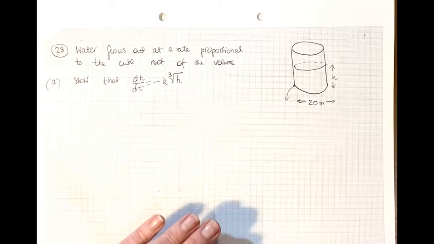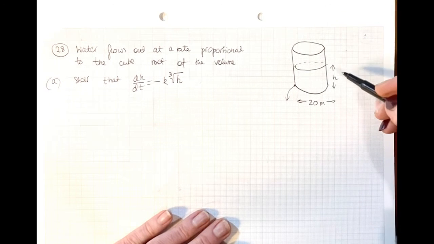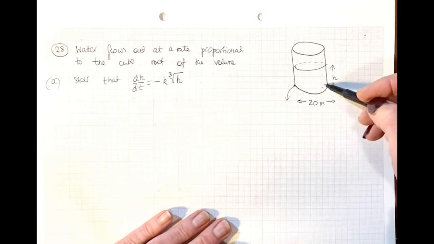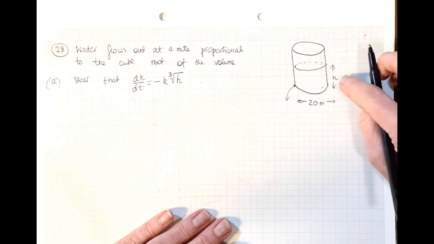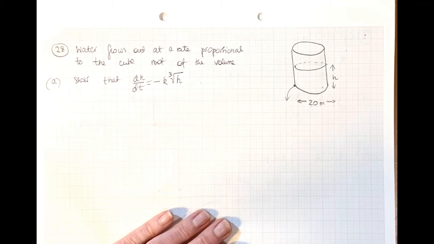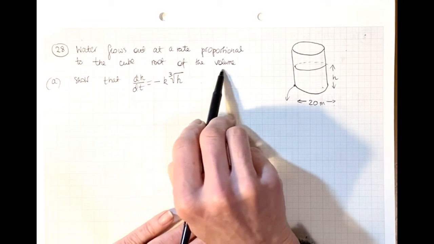Here we have a tank. This water in a manufacturing plant is held in a large cylindrical tank of diameter 20 meters, so radius is going to be 10, and height h. At the bottom of the tank, the water flows out through a tap at a rate proportional to the cube root of the volume.